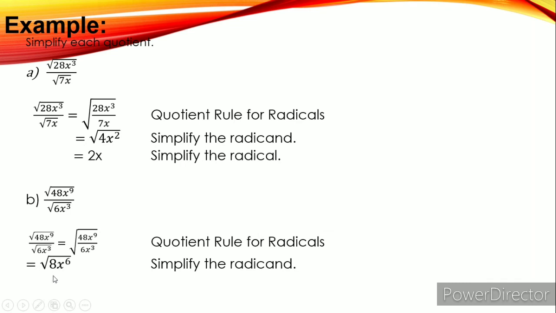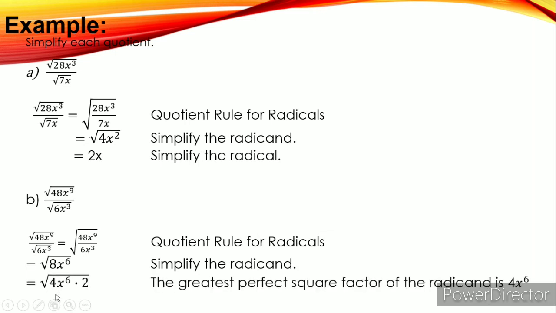Then, square root of 8x with exponent of 6 can be simplified as square root of 4x with exponent of 6 times 2. Then, the final answer is 2x cubed square root of 2.